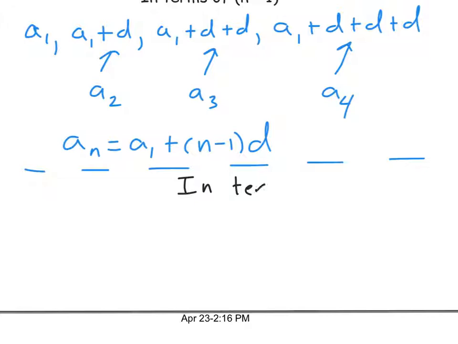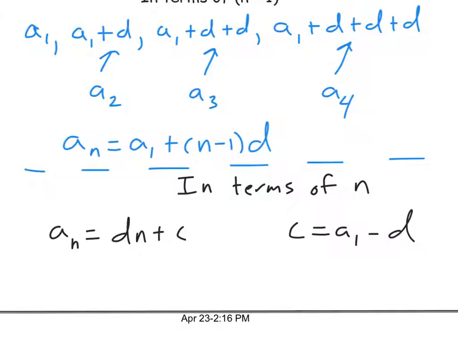I'll also show you here how to get it in terms of n. You can do d times n. The tricky part here is you need to then figure out c. C is defined to be a sub 1 minus d. This is probably best described as saying it's like your 0th term.